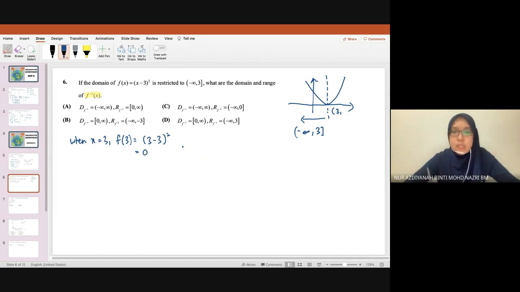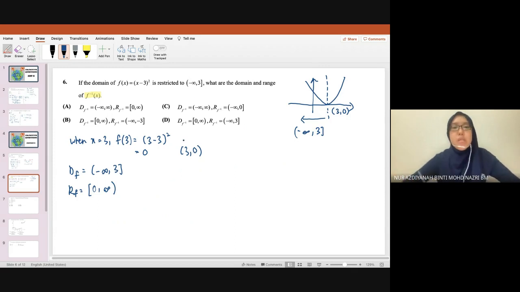So coordinate dia adalah (3, 0), the minimum point. If this is the domain for our f, which is negative infinity until 3, range kita untuk f, kita ambil nilai on the minimum value. So our range should be 0 until positive infinity, 0 termasuk.